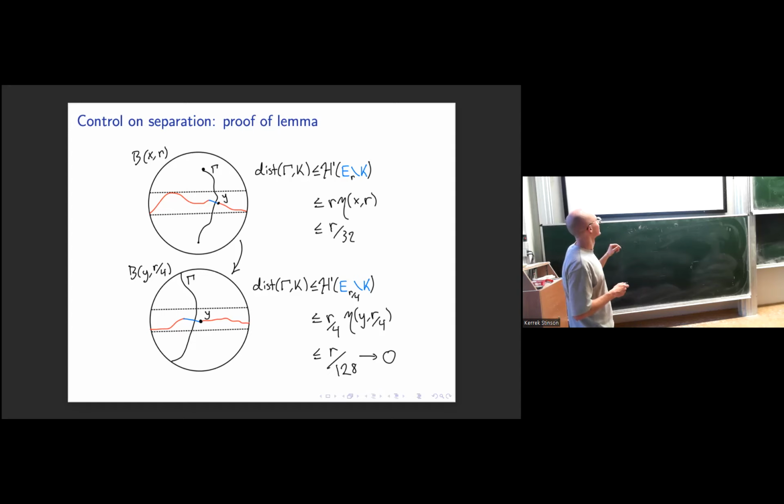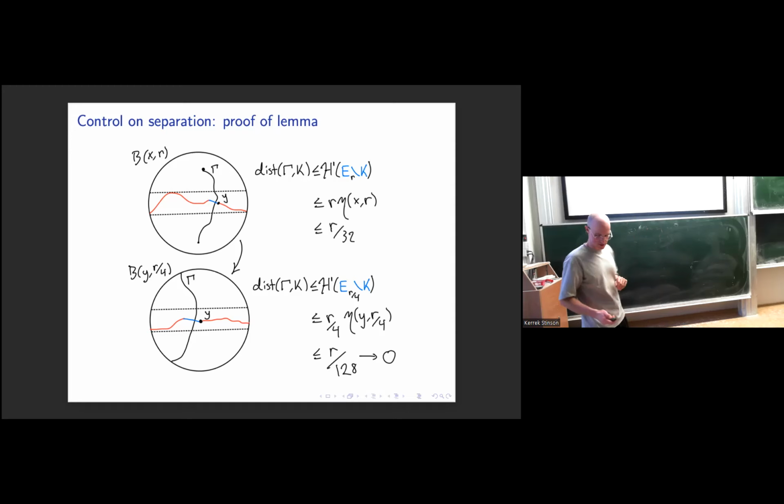The length of the extension outside of the crack is basically controlled by the radius of whatever ball you're looking at times the relative length of holes. And since I've assumed that the relative length of holes here, this eta, is controlled by 1/32, I get that this distance from gamma to the crack is controlled by r/32. And then I can just zoom in.